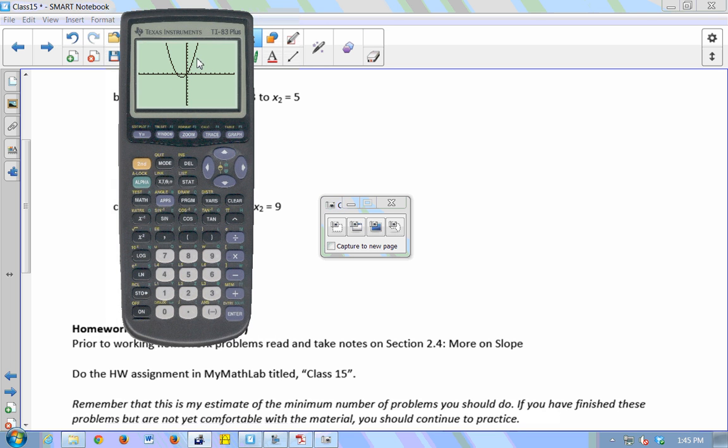So I can see that one, but I also need to be able to see when x is 5, and that's way up here. So I'm going to change my window a little bit. Let's do like negative 3 to 7. And then this doesn't need to go so low, but it needs to be much bigger. Maybe 35.